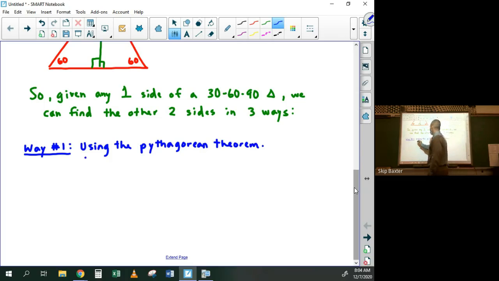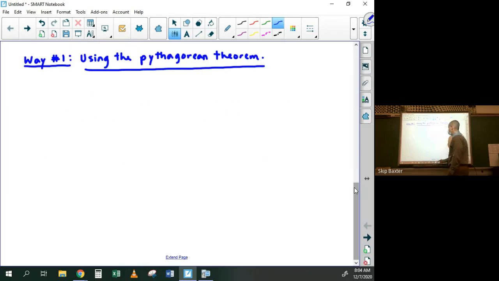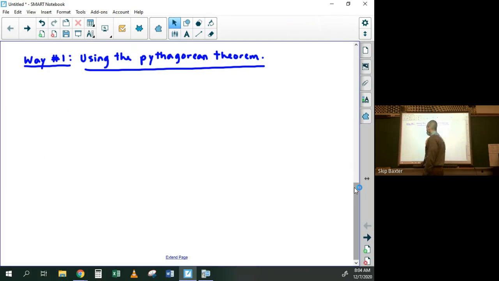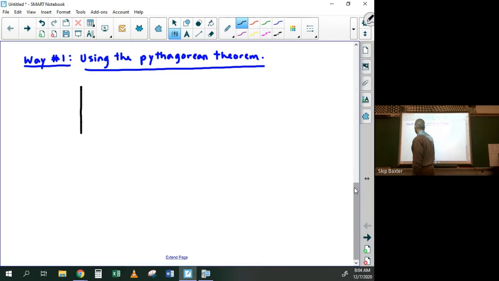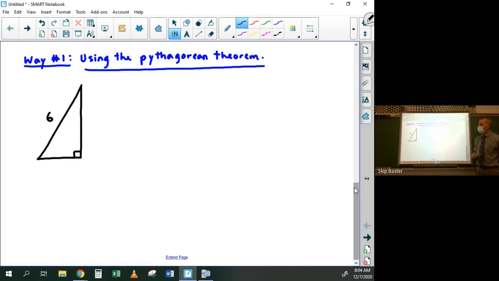So like, for example, suppose I gave you a 30, 60, 90 triangle and I gave you one side length. There's a 30, 60, 90 triangle. Let's suppose I gave you this side right here was 6. Okay, and this is the 60-degree angle, and this is the 30-degree angle.